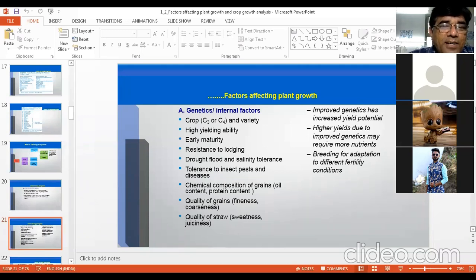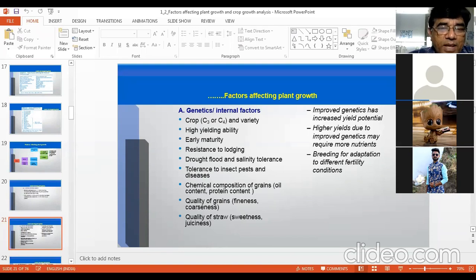Drought, flood, and salinity tolerance. Under drought condition, flood condition, there may be certain varieties which can perform better growth than some other varieties. Tolerance to insect, pest, and disease. So you can have certain susceptible variety and certain resistant varieties. So resistant or tolerant variety may give you better growth.